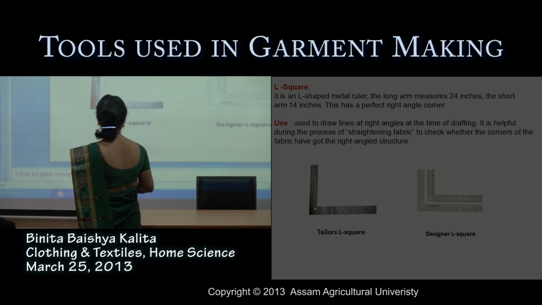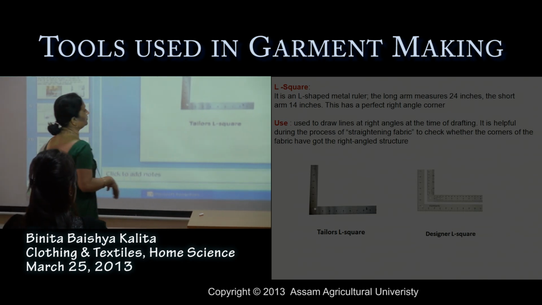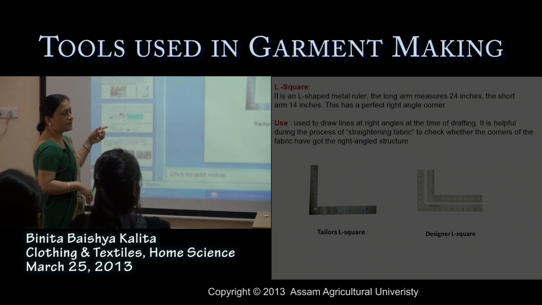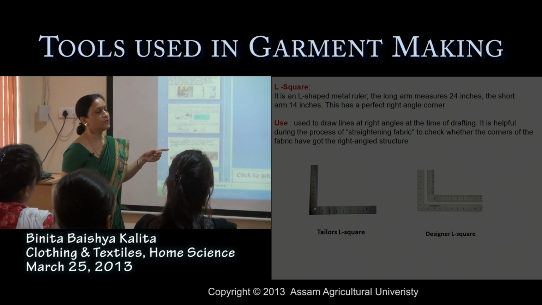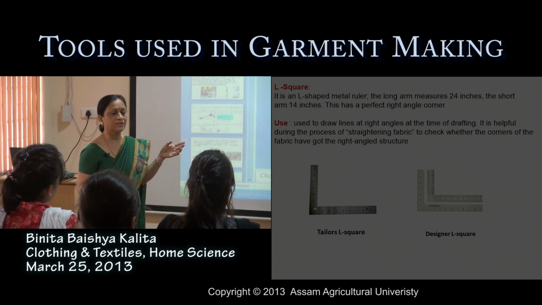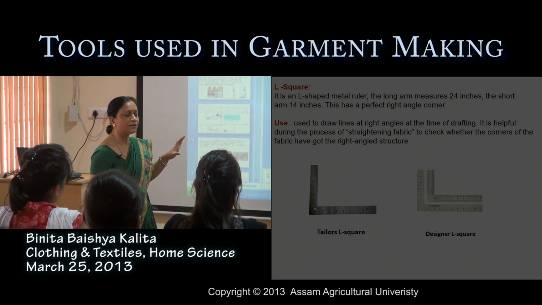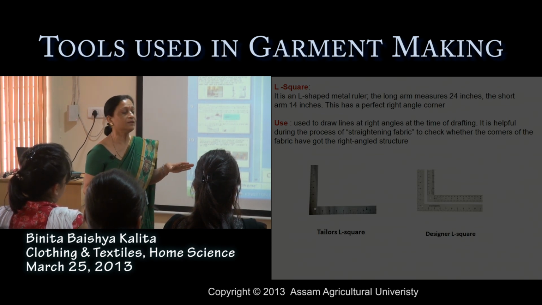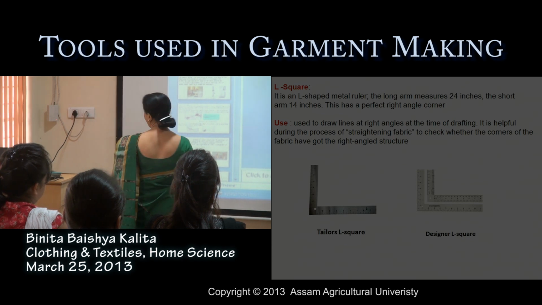Okay, these are the functions of the L-square. So this L-square is used mainly to check the angle of the garment, wherever we are using the depth and width measurement.